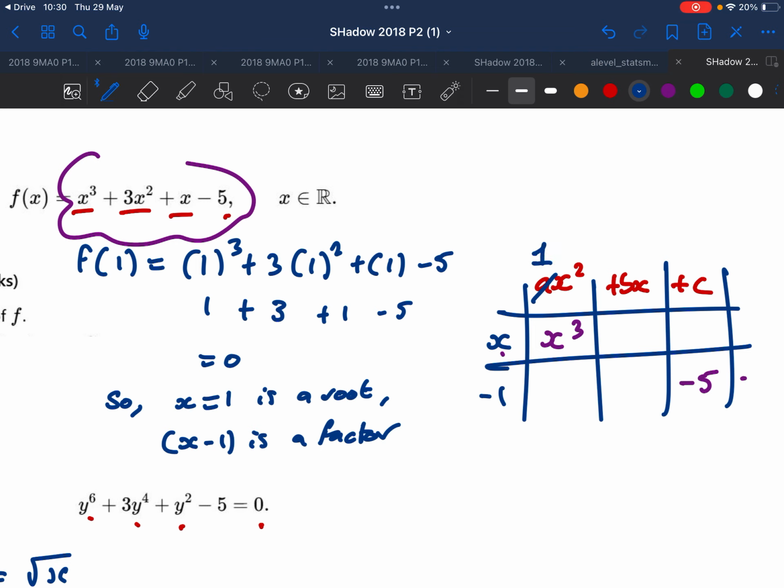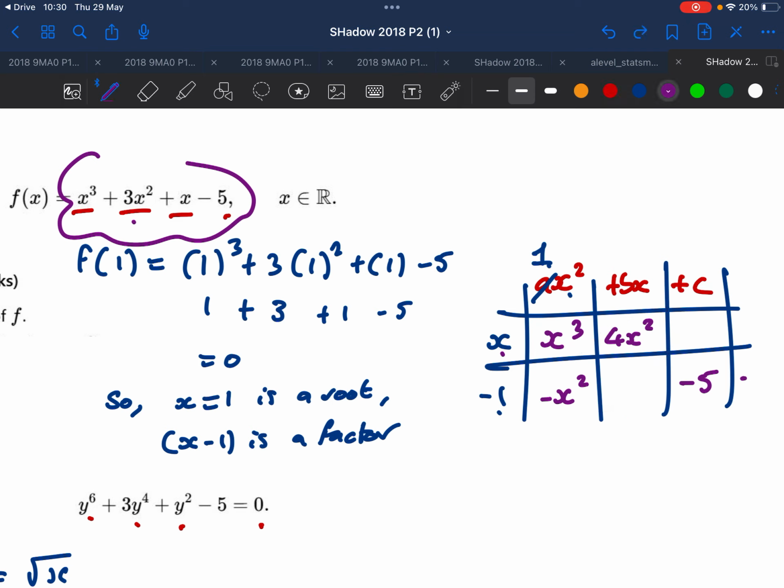Then 1x squared times minus 1 gives you minus x squared. And if we look at the x squareds that we're meant to go back to, it says 3x squared. The x squareds are going to come from these two parts. So I'm going to put a 4 in here, because together they add up to 3x squared.